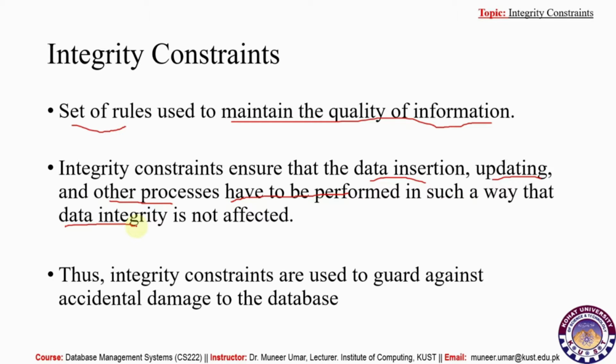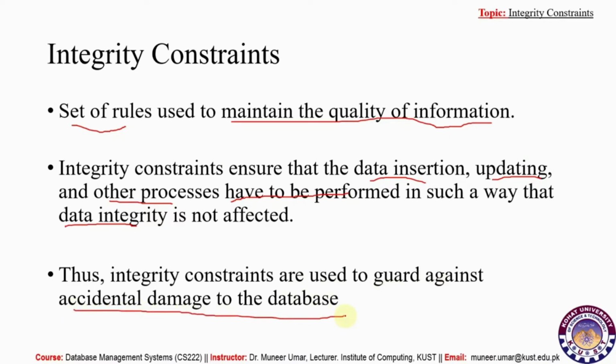We checked the violation of data in previous cases, like there for salary we found a moderate value instead of a numeric value, so that was actually a violation of integrity of data. So these rules are used to guard against accidental damage to the database.